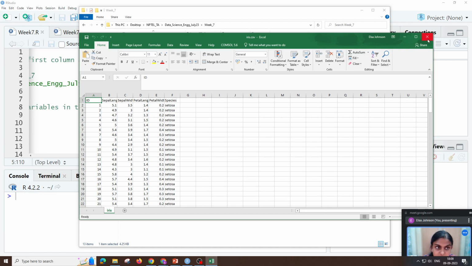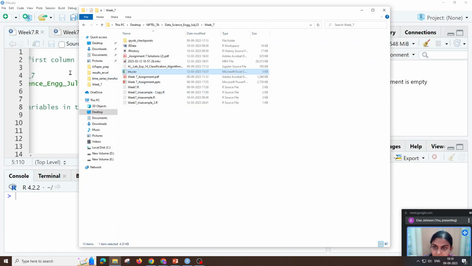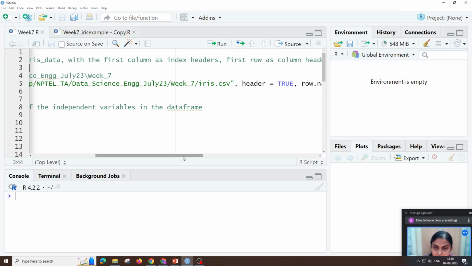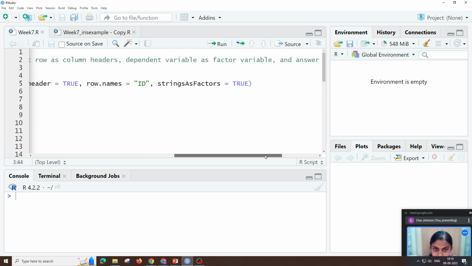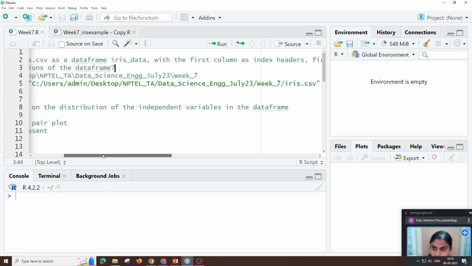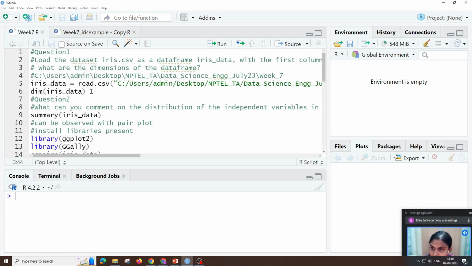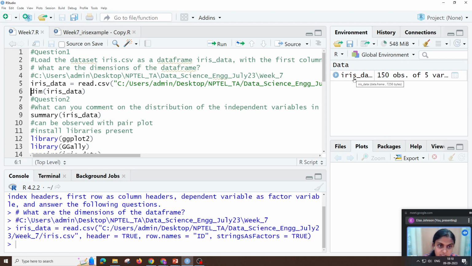Then row.names equal to ID, so ID should be taken as the row names, and stringsAsFactors equal to TRUE, so the strings will be stored as factors. Factors means that they will be stored as the different categories present in the data. So first we will read this into iris_data.